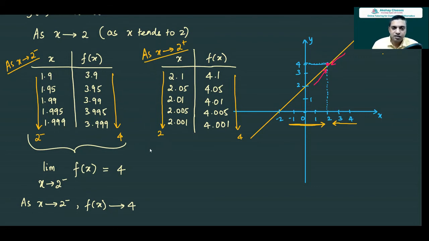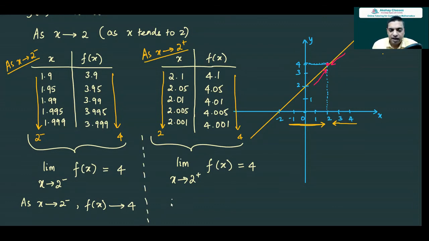Now, similarly, for this portion, we denote this as limit x tends to 2 plus of f of x is equal to 4. And what it means is as x tends to 2 plus, f of x tends to 4. So now both of these, we call this the left hand limit, and this the right hand limit.